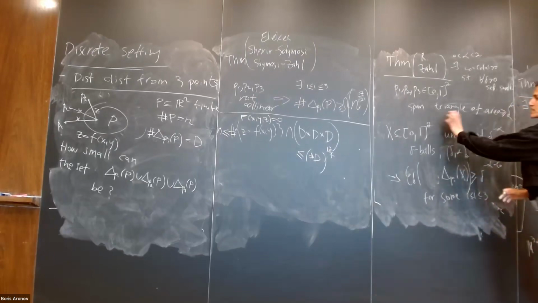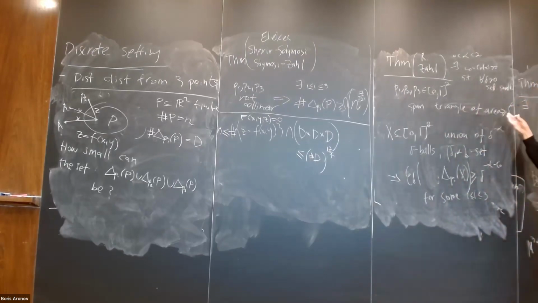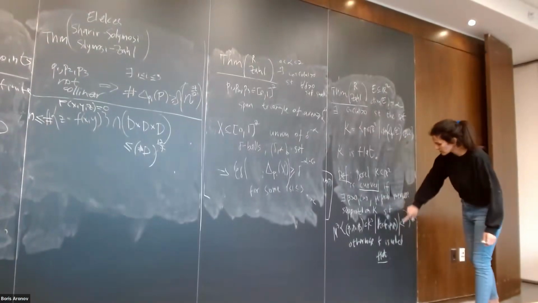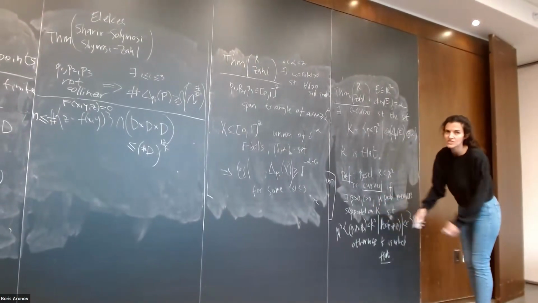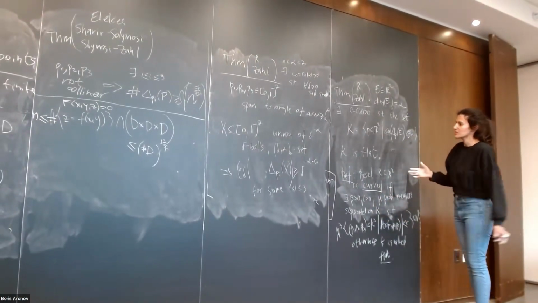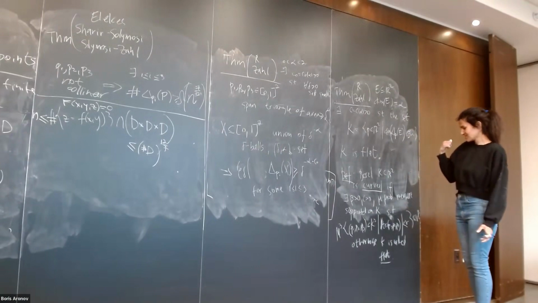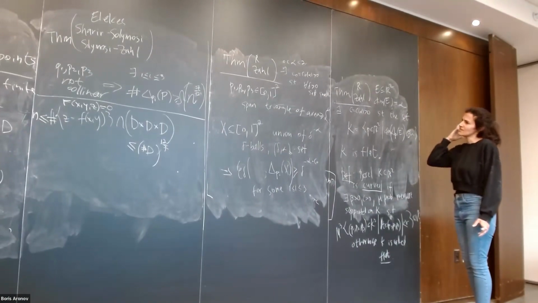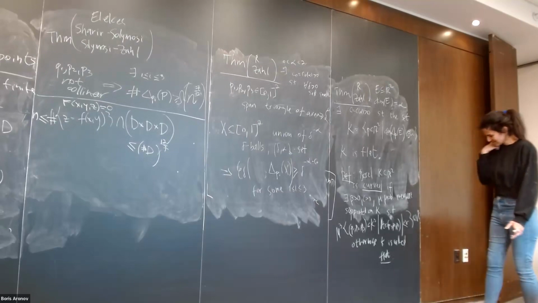So the area will depend on delta, but we showed how precisely it should depend on delta so that the conclusion will still hold. And then in order to prove this theorem, we show that if this set is curved, we can find many triples such that the number of distances they span is small.